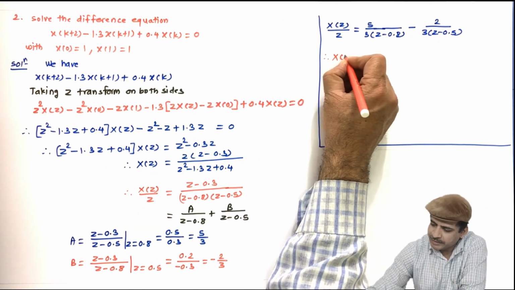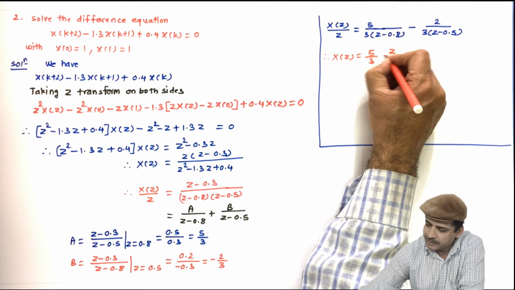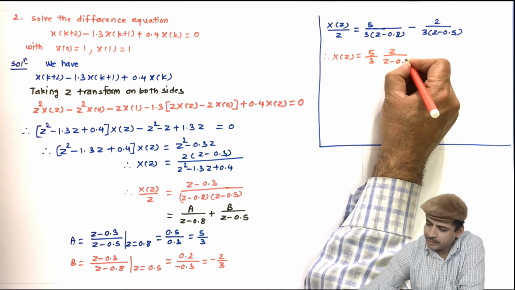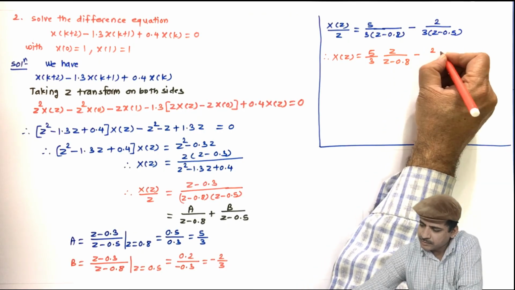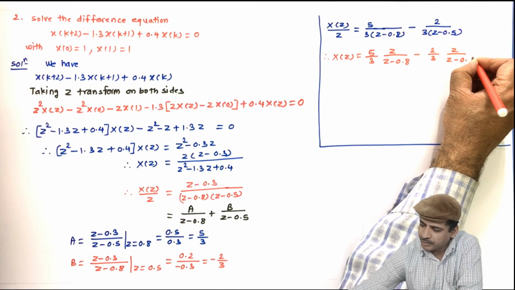And so x of z is equal to 5 by 3 z upon z minus 0.8 minus 2 by 3 z upon z minus 0.5.